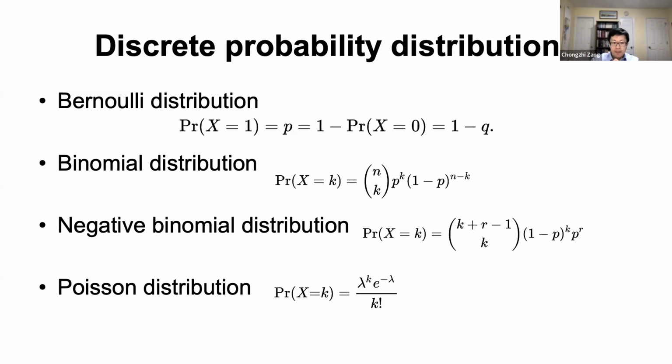the probability. Another very useful distribution is Poisson distribution. We can consider it a special case of the negative binomial distribution.